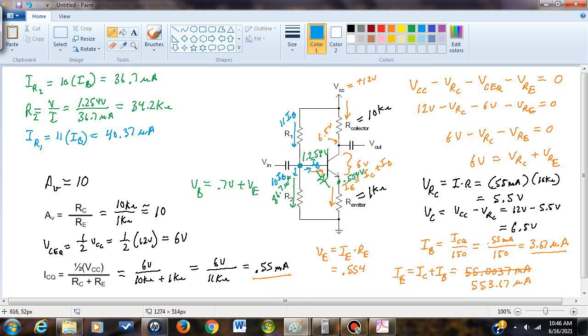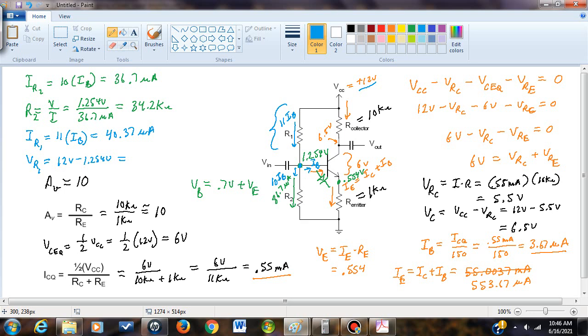The next thing we have to figure out is what's the voltage drop across R1? What is the voltage drop across here? Well, since we know what the value of the voltage is at the base, and we know what VCC is, 12 volts, which is up here, and we know what the base voltage is, which is 1.254, therefore the voltage drop across R1 will be 12 volts minus the 1.254 volts.